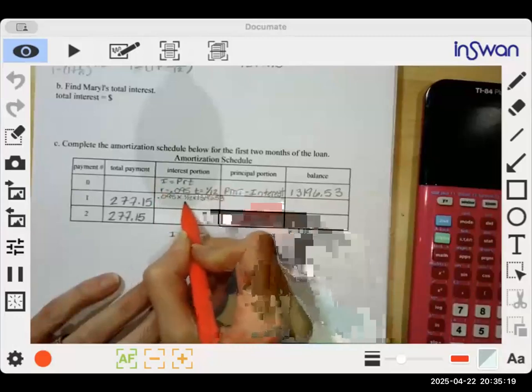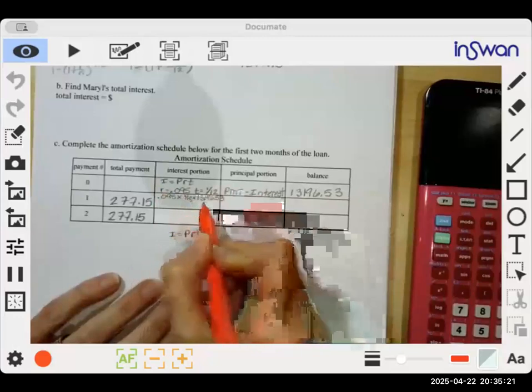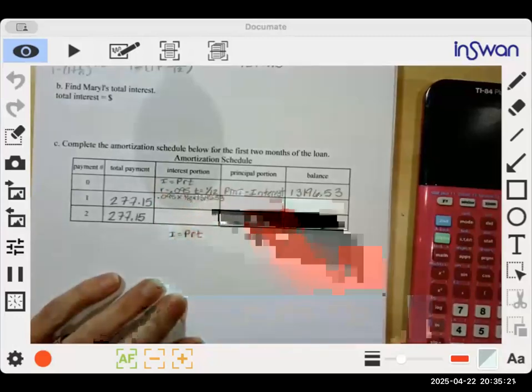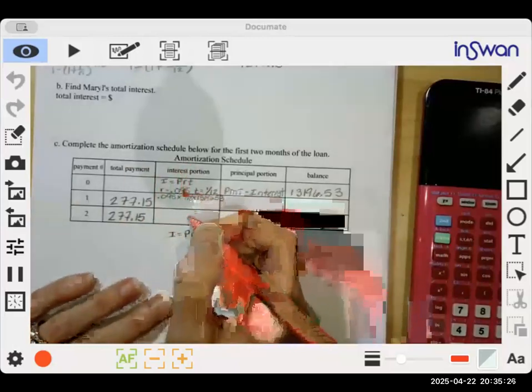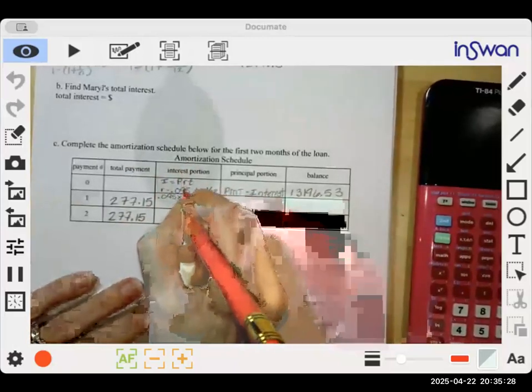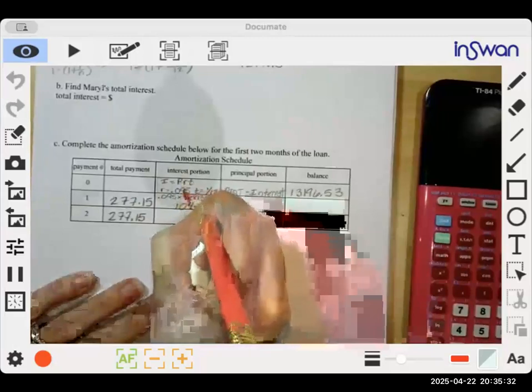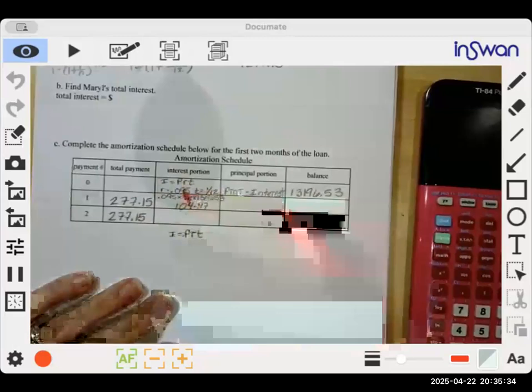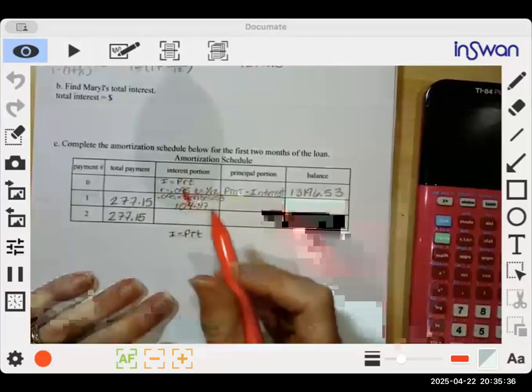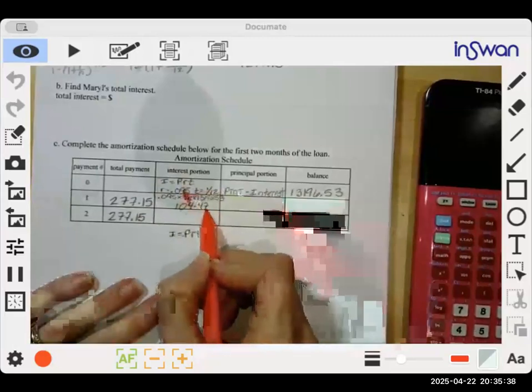So 0.095 times 1/12 times the balance. And you round this to the nearest cent, you should get 104.47. Okay, so this is how much interest you're paying the bank.